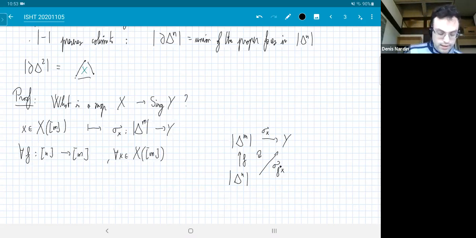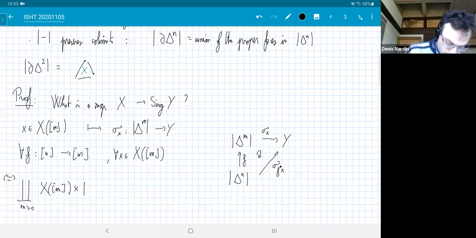So concretely, what is something that gives me a map from X brackets m to, so concretely, this is exactly the same thing as a map from this guy that respects the equivalence relation I wrote.